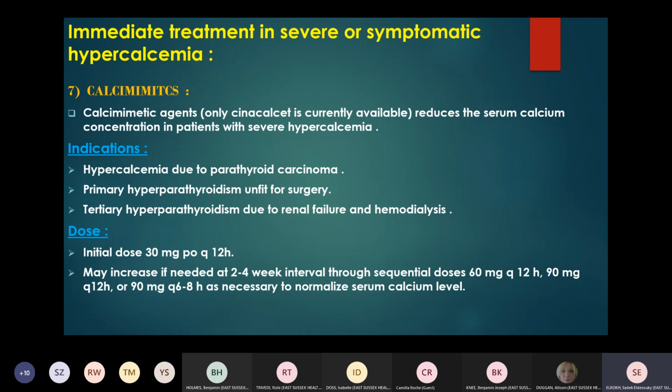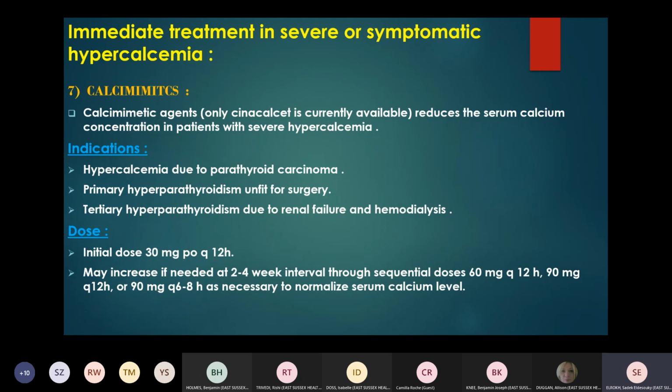Calcium-mimetic medication, including cinacalcet. Cinacalcet, what is the indication to give cinacalcet? If hypercalcemia is secondary to primary hyperparathyroidism or tertiary hyperparathyroidism or parathyroid carcinoma. Cinacalcet can be given in a dose of 30 milligram BID, and you can increase the dose gradually after 4 to 6 weeks to reach a dose of 90 milligram every 6 to 8 hours, even if necessary, to improve the calcium level.